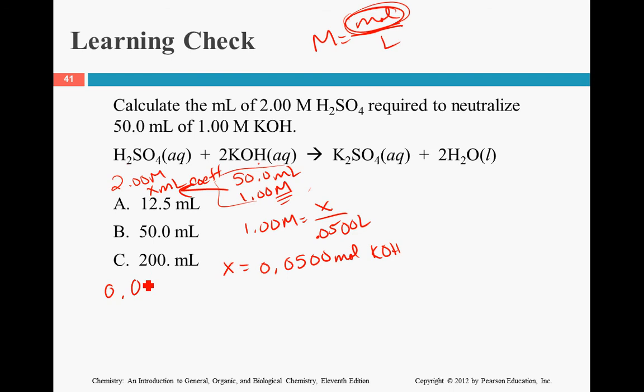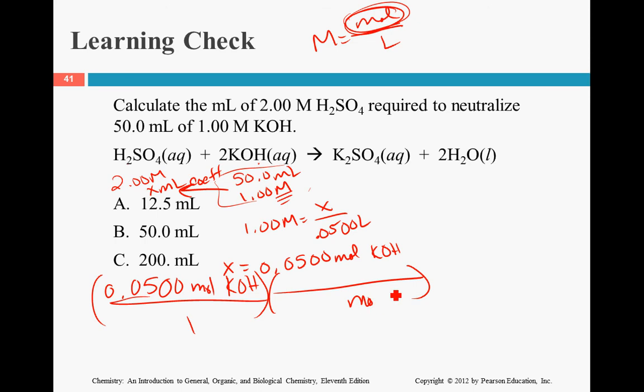So 0.0500 moles KOH. We have moles of KOH on the bottom. Where we're coming from is on the bottom, and that's 2. Where we're going to goes on top. So 1 mole H2SO4. So we're going to divide this number by 2. That comes out to be 0.0250 moles of H2SO4.